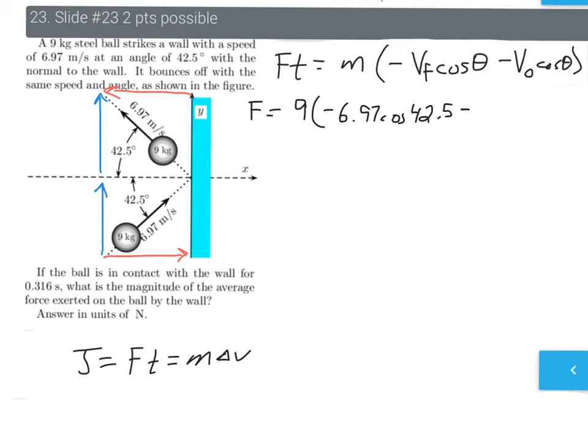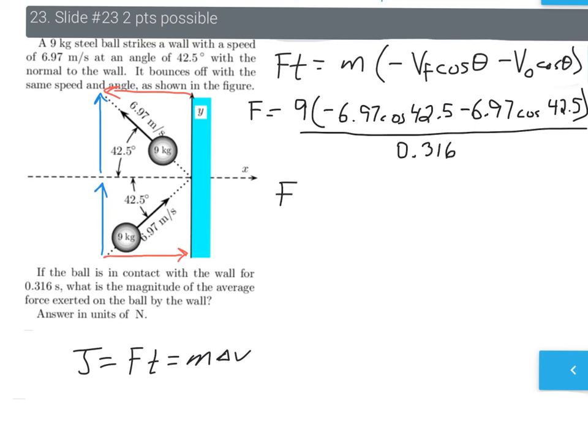Minus the initial velocity, which was positive, but it's the same thing. 6.97 cosine, and our original angle was the same, 42.5. All of that is divided by time. And our time was, tiny number, 0.316.